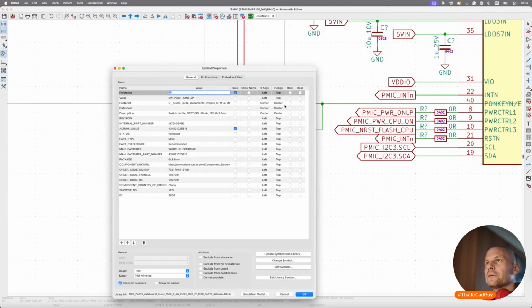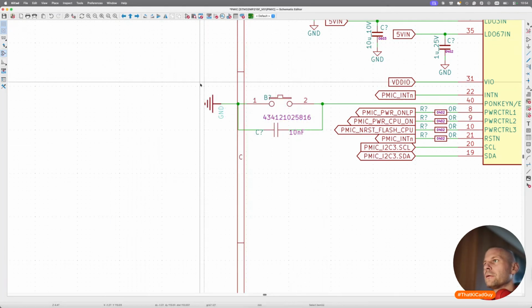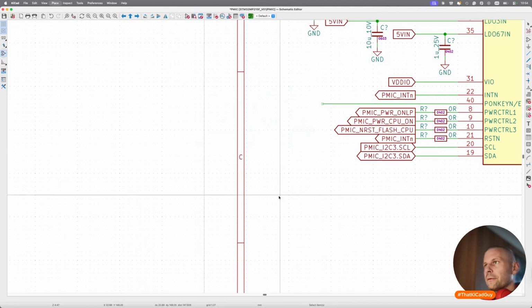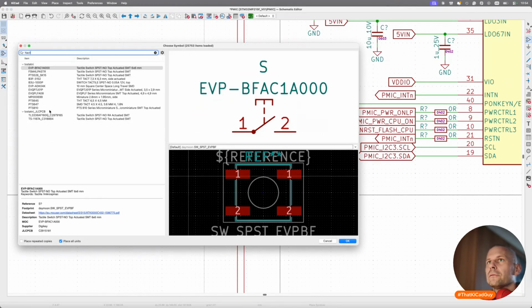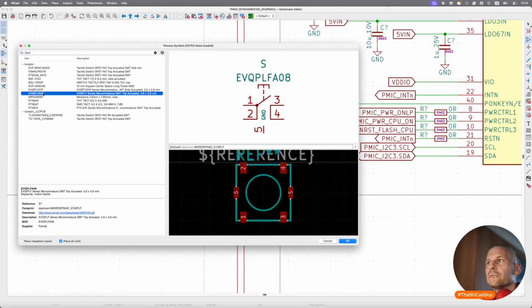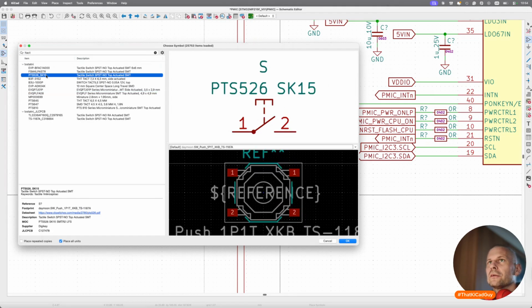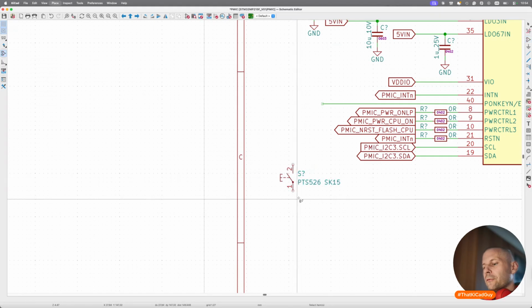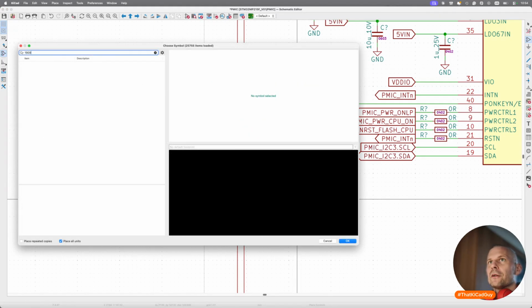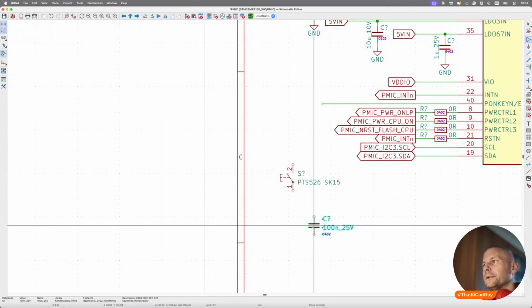Power on key, yeah, or PON key. Yeah. I will use probably a different one. So it means tactile. I don't know. This one, maybe this one. This one is lovely. And 100 nanofarads. Oh, yes.